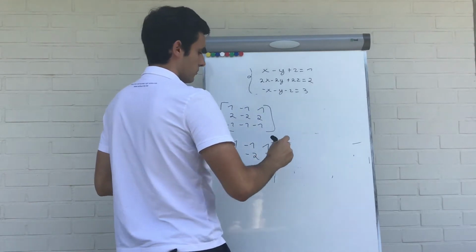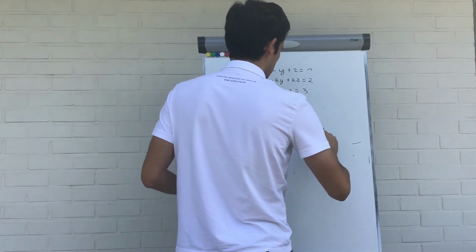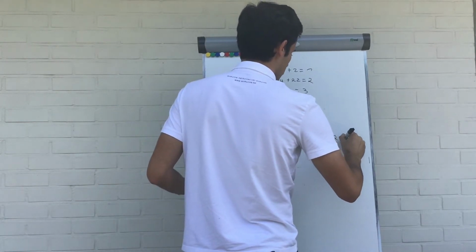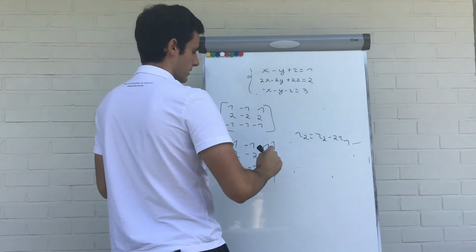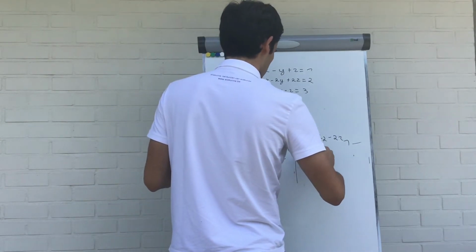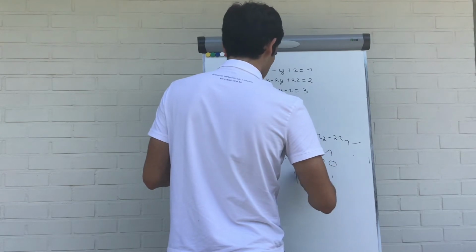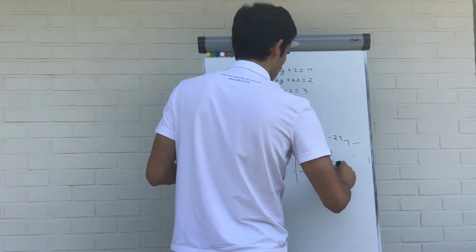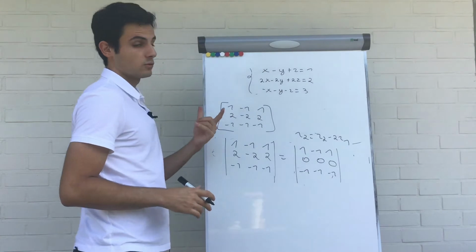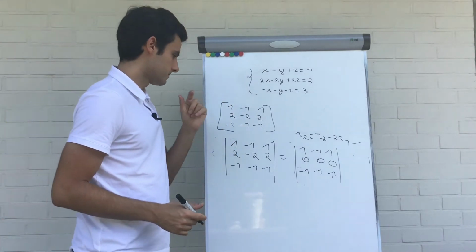You can see that we can do row 2 equals row 2 minus 2 times row 1. And if we do that, we get 1, -1, 1, 0, 0, 0. So we get a row with zeros, which means the determinant is equal to 0.